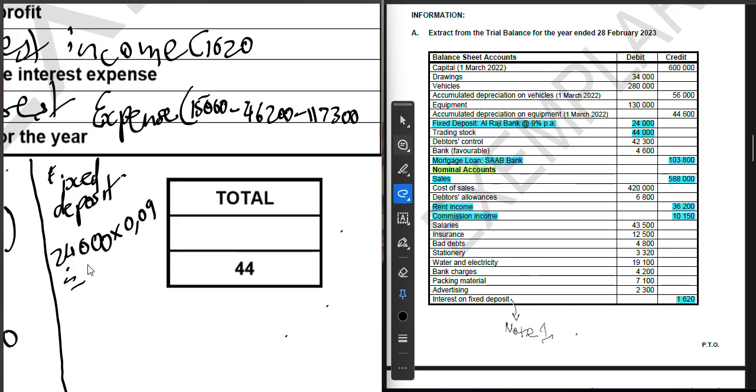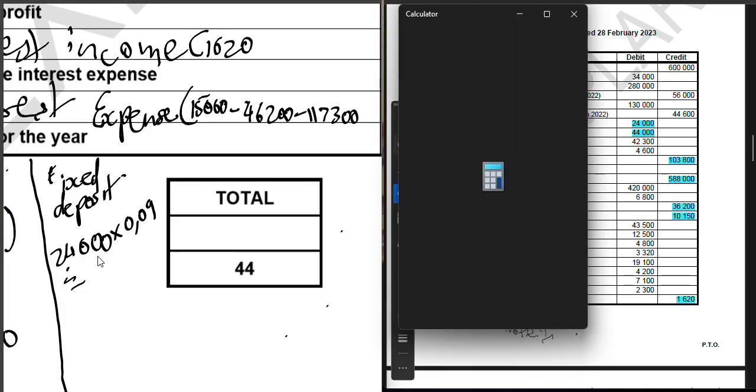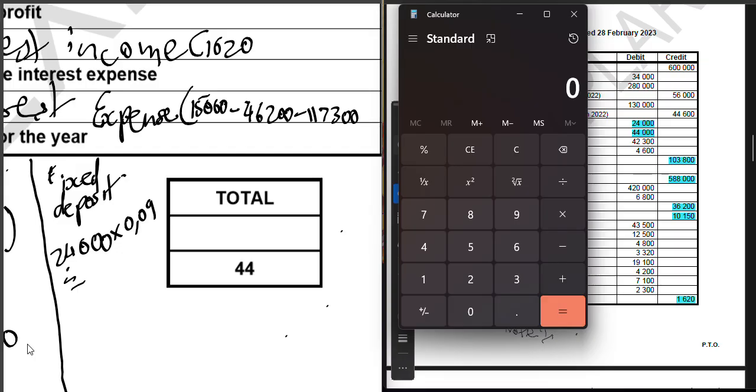And then how much is the answer, ladies and gentlemen? We are going to check it right now. Okay, so the answer, we're going to have 24,000 multiplied by 9 over 100, which is going to give us 2,160.